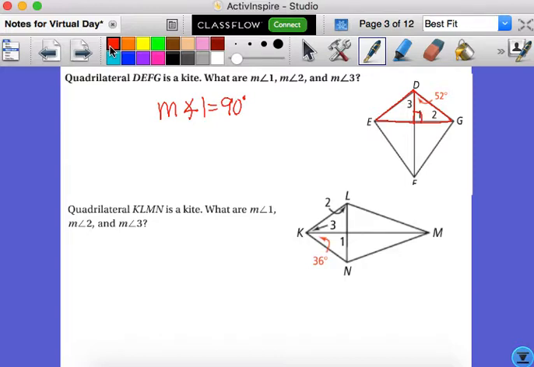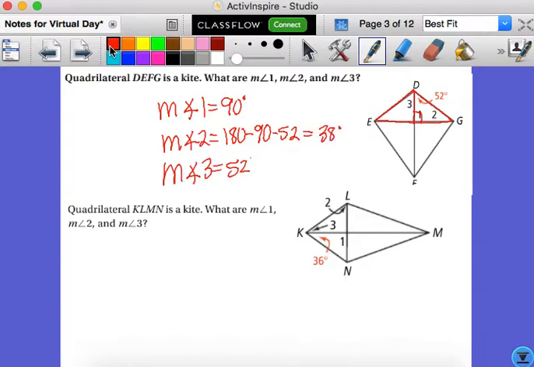With that, since the triangle on the right is simply reflected to create the triangle on the left, I also automatically know that angle 3 is also 52 degrees. But to find angle 2, I know that all of my angles inside of that triangle have to add up to 180. So 180 minus 90 minus 52 is going to leave me with 38 degrees.